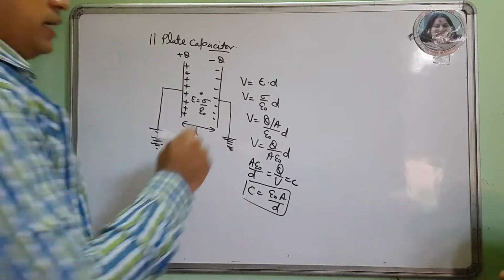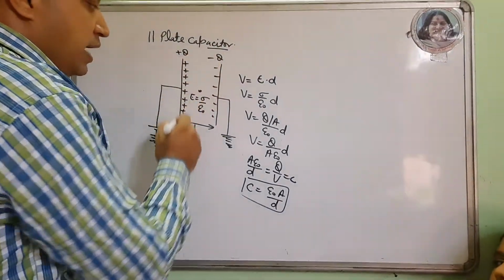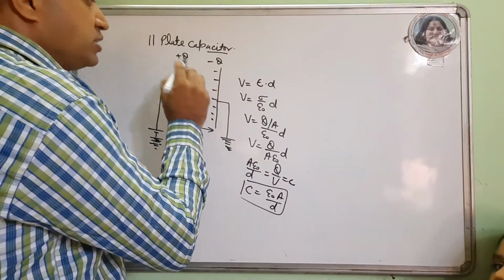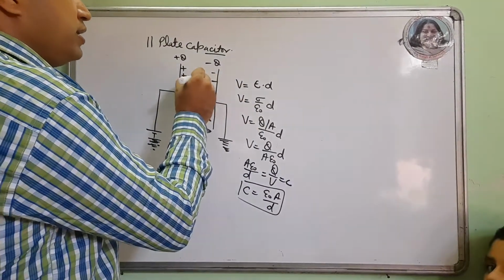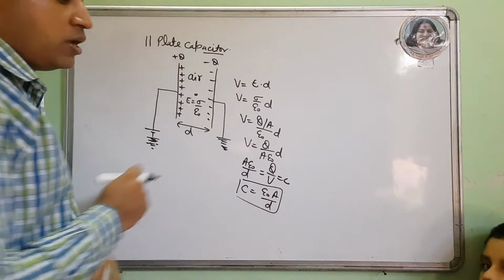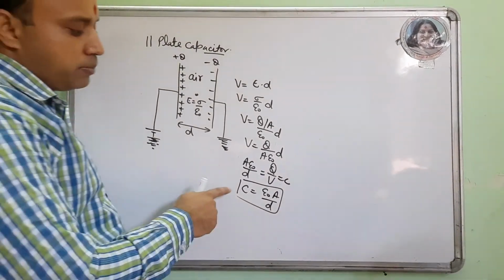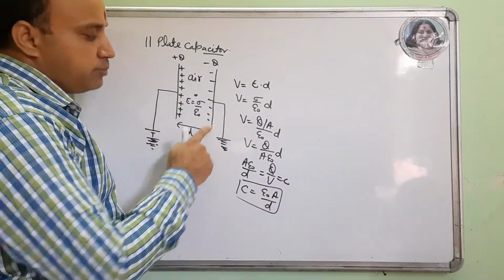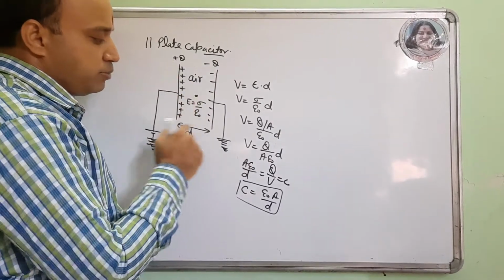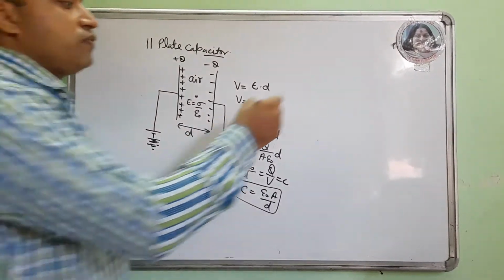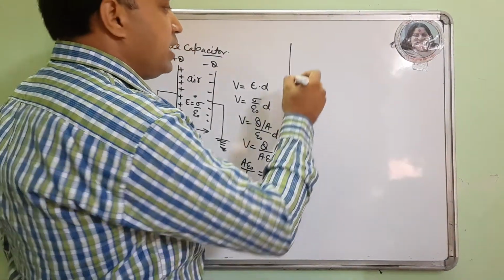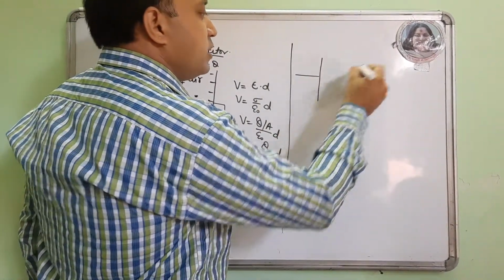Now if I put some dielectric between the plates, second case, with it in air, here it is air. So in case of air, the capacitance of a parallel plate capacitor whose plate area is A and separation is D is epsilon naught A by D. What happens if I place a dielectric?